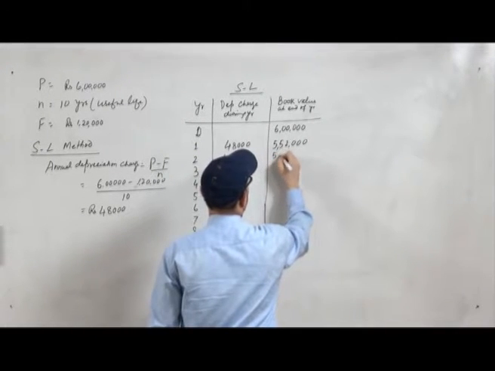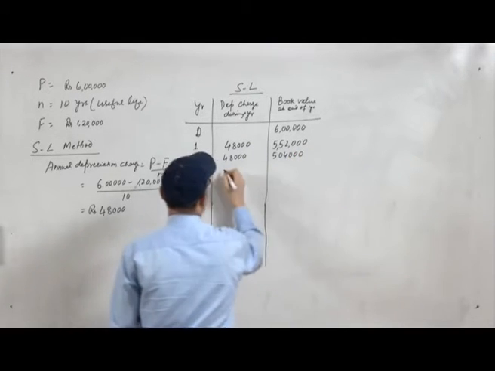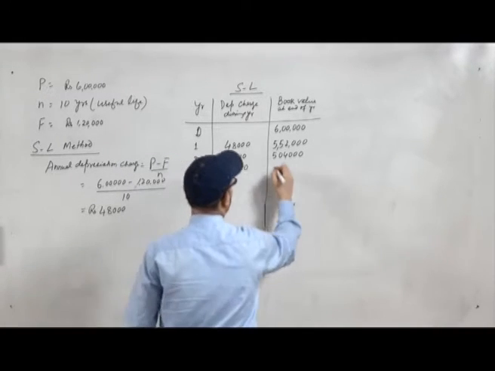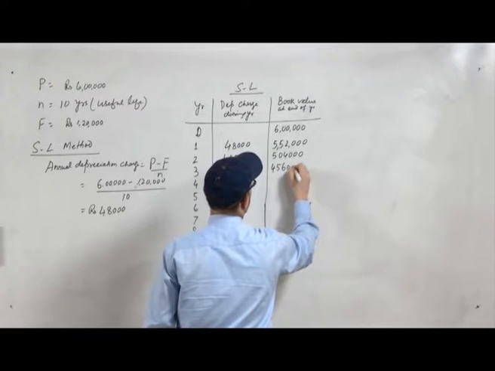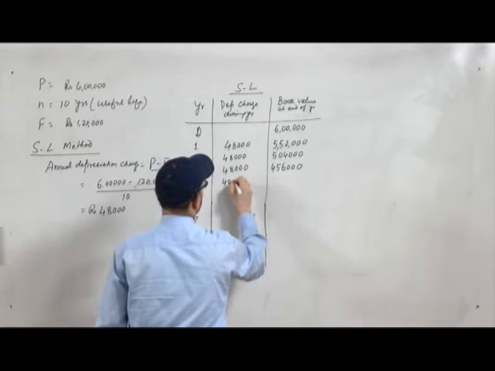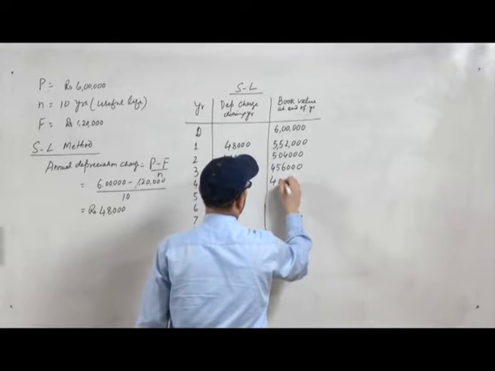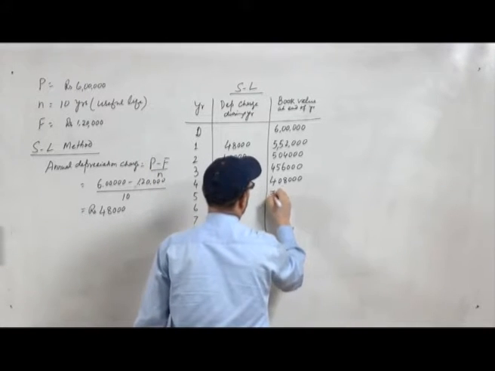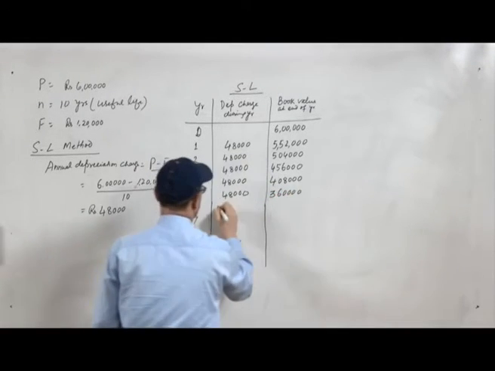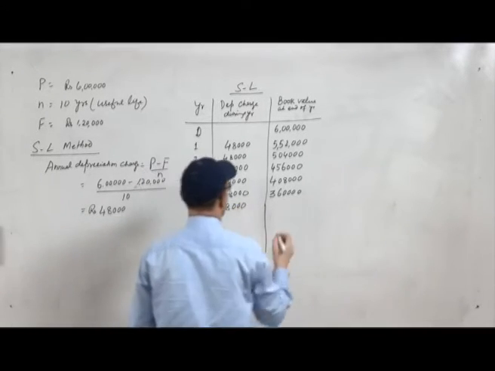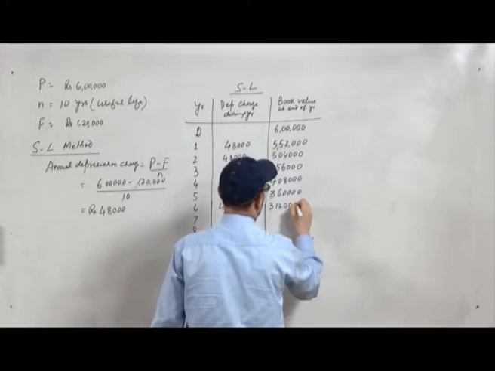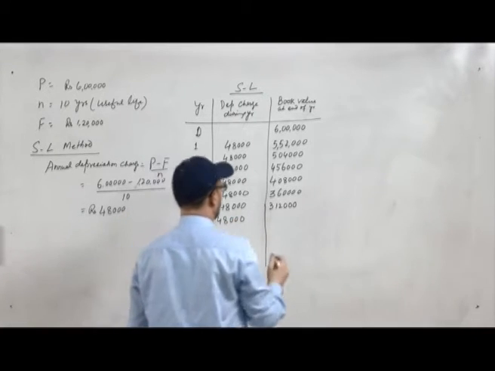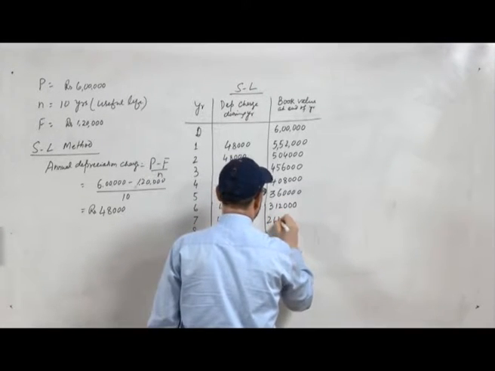So, the book value will be 504,000, again 48,000, 456,000, then again 48,000, 408,000, 48,000, 3,60,000, then 48,000, we get 312,000, again 48,000, 2,64,000.